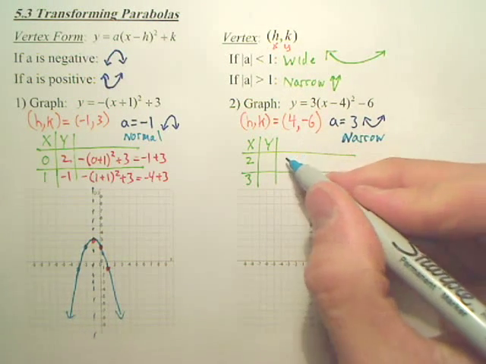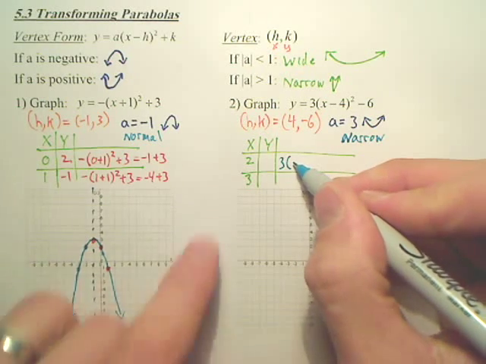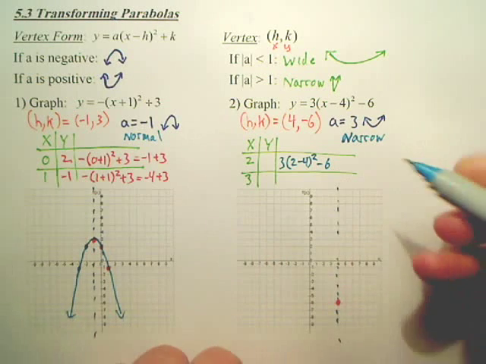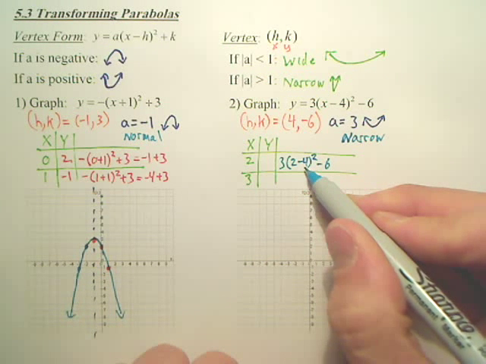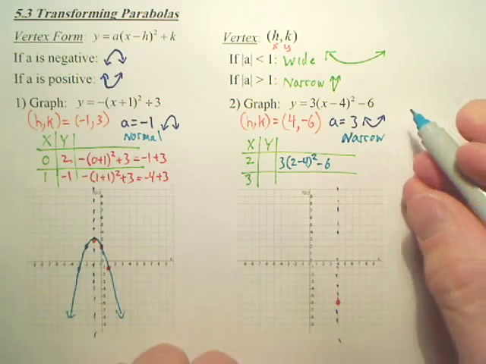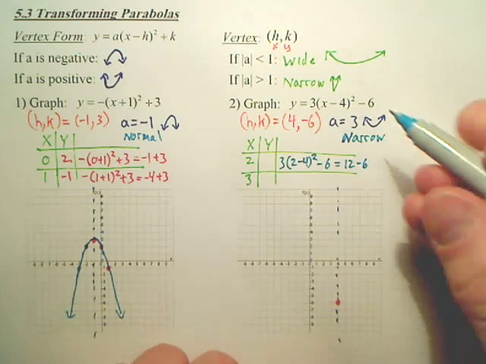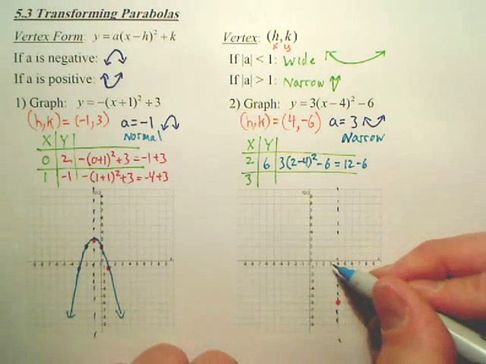So here we're going to do 3 times, we're going to plug in a 2. What's 2 minus 4? Okay, -2 squared is 4. So it's going to be 12 minus 6, which is 6.